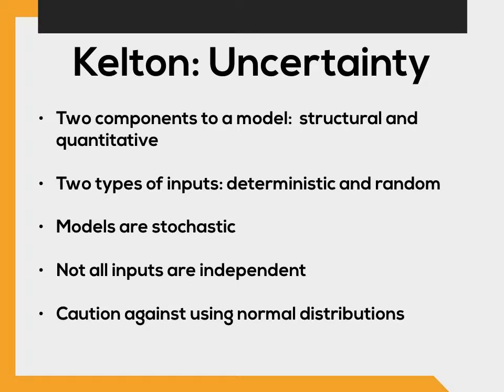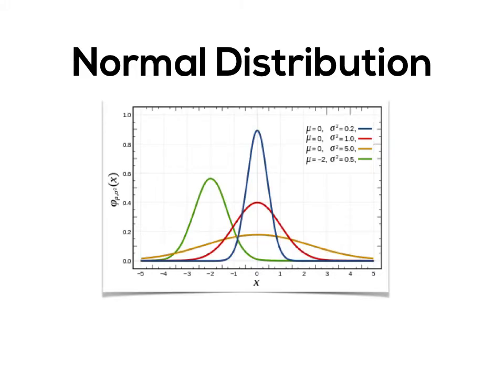So let's say that customers are arriving to a doctor's office. Someone may say, well, a normal distribution is common. Everybody knows a normal distribution. I think that a normal distribution is going to reflect how patients arrive. And Kelton cautions against this because, as you will see here, a normal distribution really has infinite tails in both the positive and negative directions.